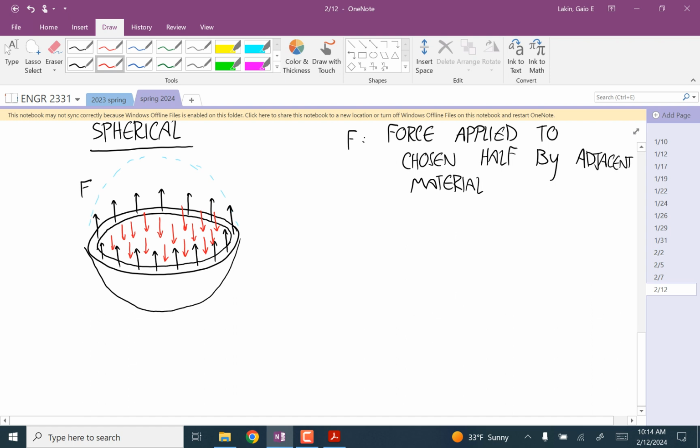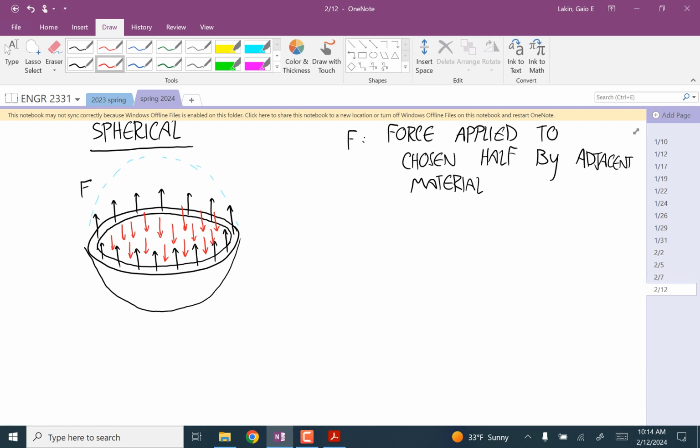Is that pushing force coming out from the center of the sphere? The pushing force is, so imagine this thing full of some kind of fluid. Remember that pressure applies forces perpendicular to any surface.